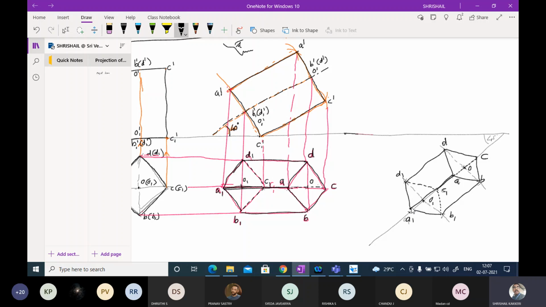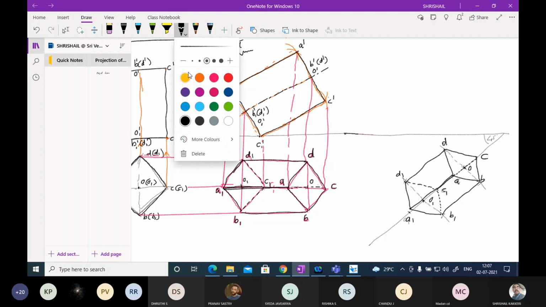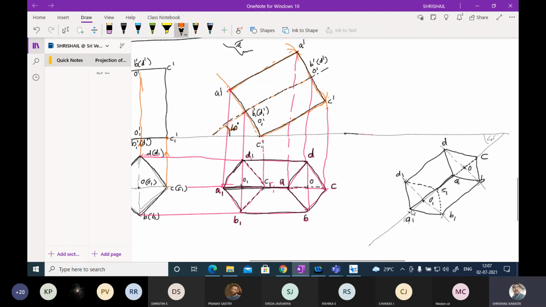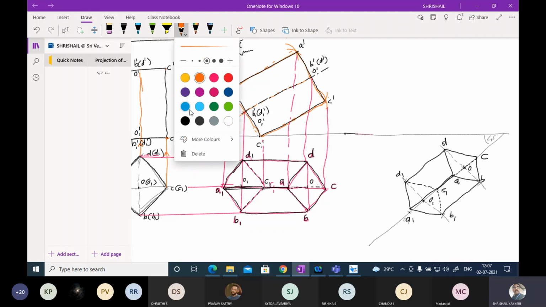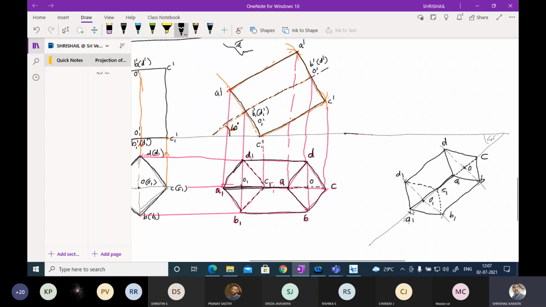Okay, let me go to this. From A, and from A. So this is point A1, the bottom A, and this is point A1.